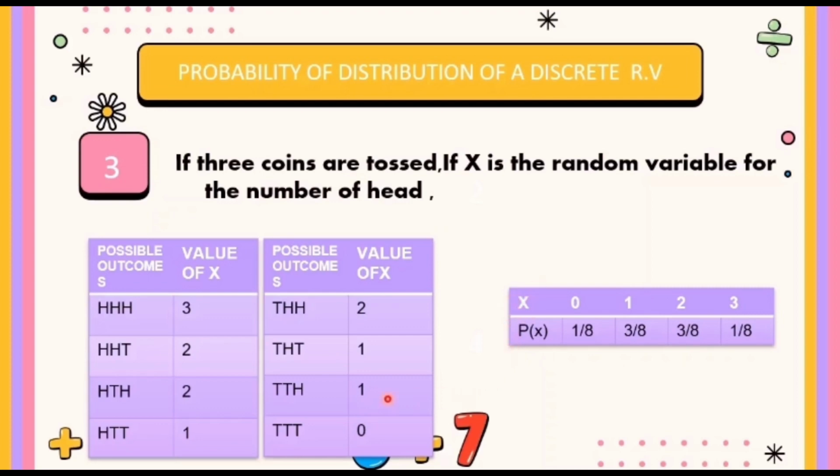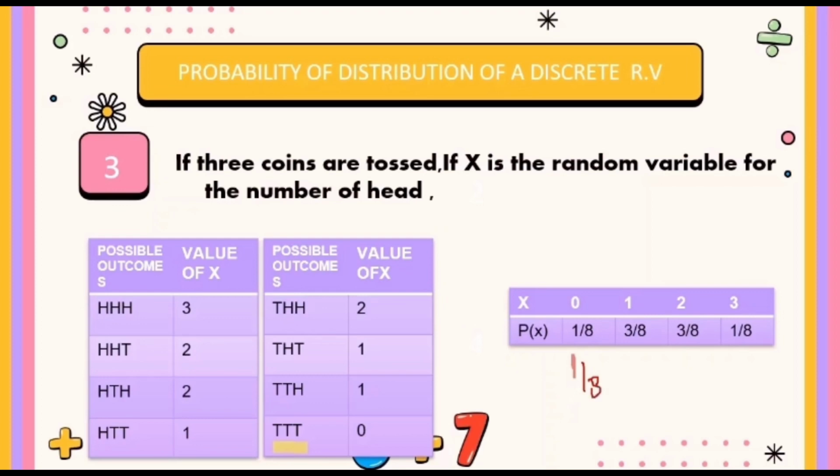So if we put it in a table right here, for 0 heads, there is 1, which is the TTT, so that will be 1 out of 8.